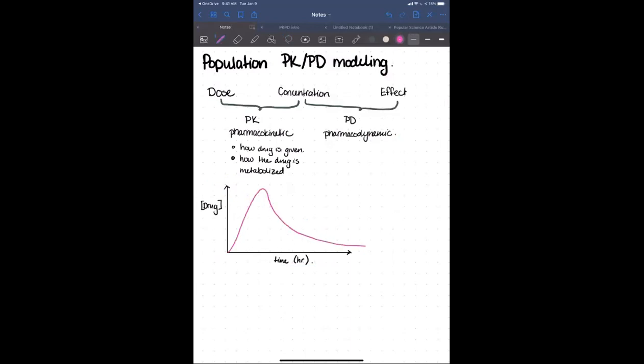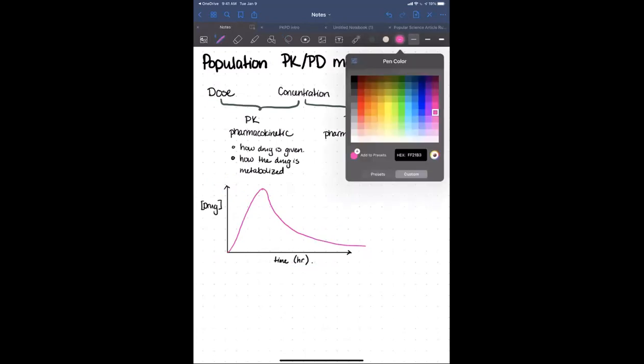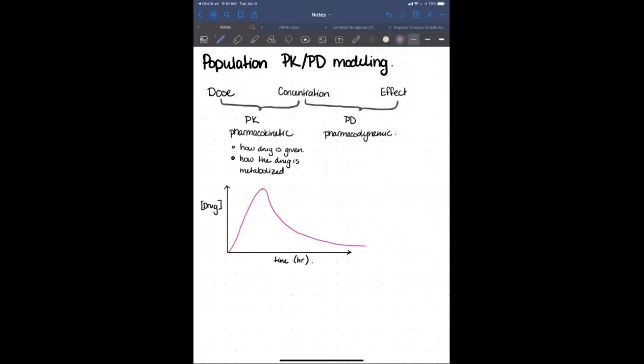where we have some maximum concentration, Cmax, and then there is this, let me change to a highlighter.